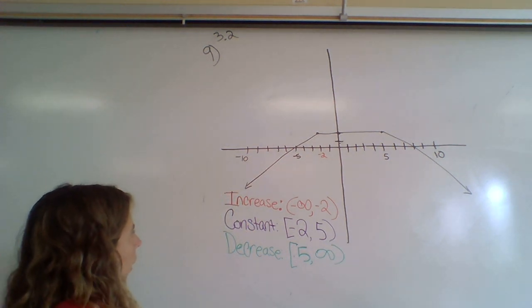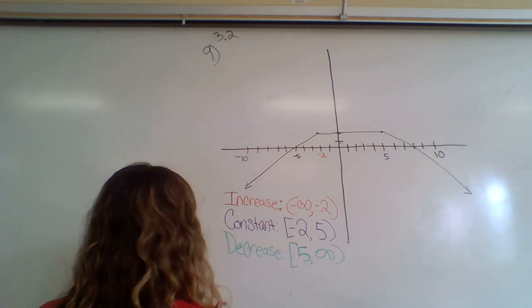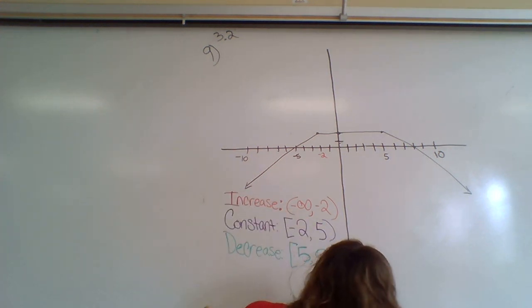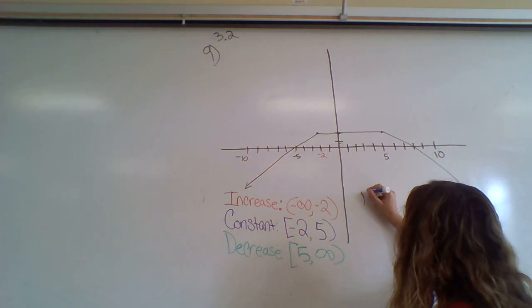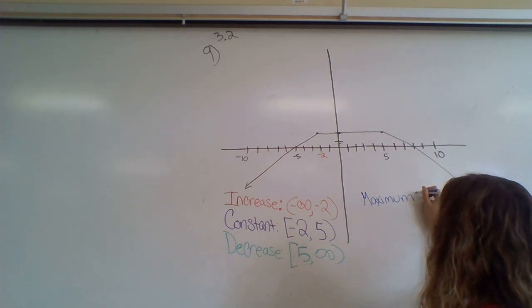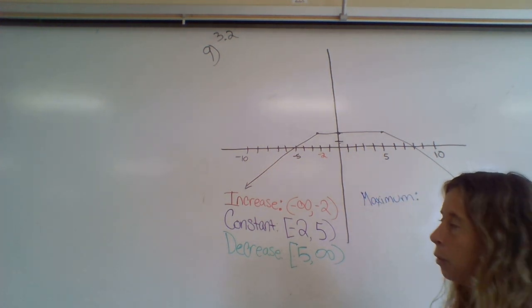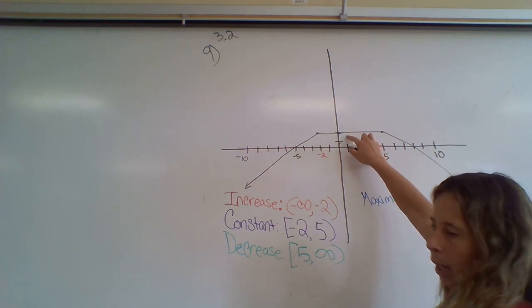Okay? So that's that. And then we need the maximum. So the max. What's the highest point? Now you're looking at y values. What is the highest point on your graph? Well, it never goes higher than y equals 2.